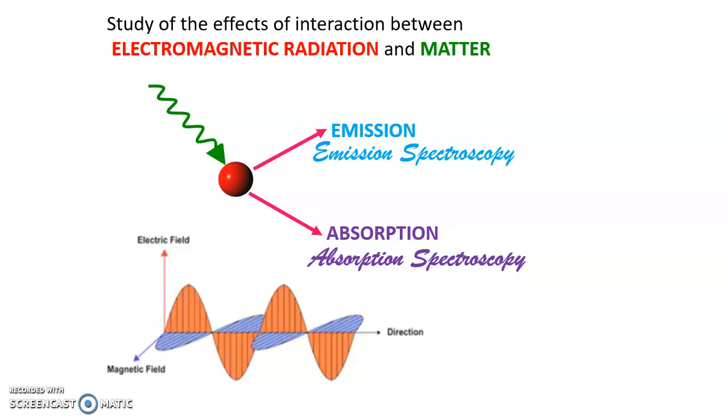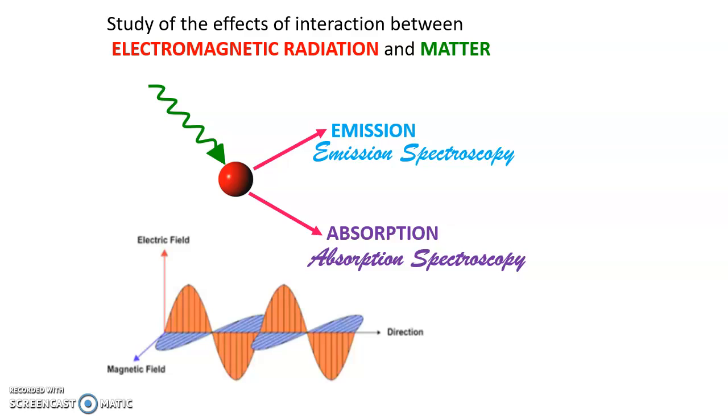Now, when a sample is irradiated, it will interact either with the electric field component or with the magnetic field component of the radiation. This interaction with either the electric field or the magnetic field of the radiation by the sample will result in a change in energy of the sample, or it can be the absorption of the energy of the radiation by the sample.